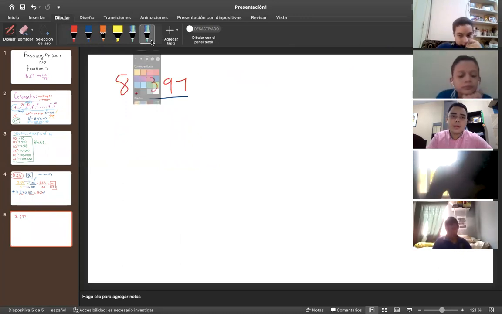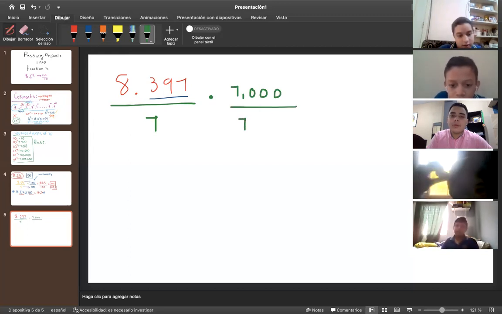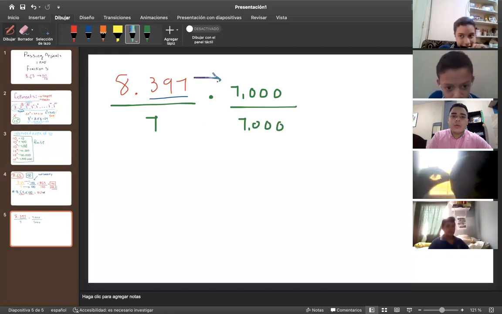So I have to do the same. Divide this by 1 and multiply this by 1000, this one multiplying by 1000 and this one multiplying by 1000. Now multiply this one times this one and this one times this one.